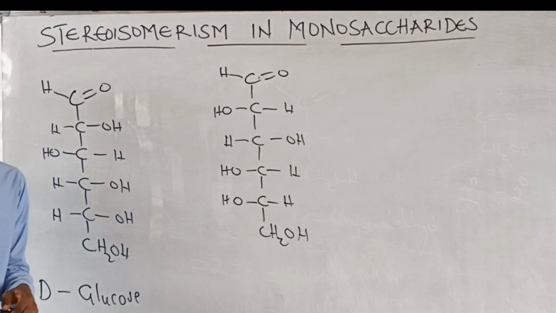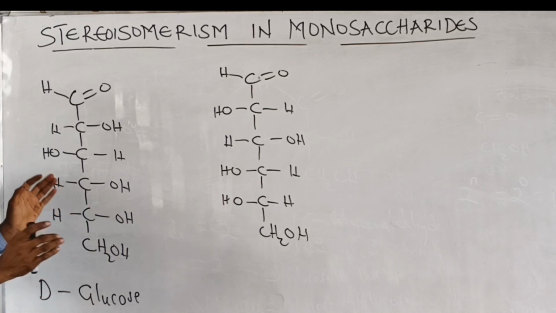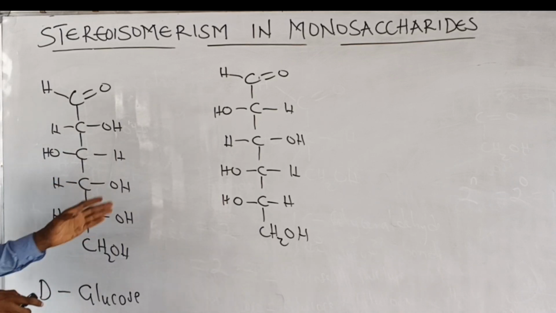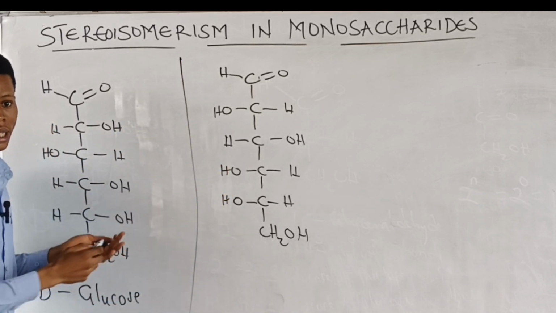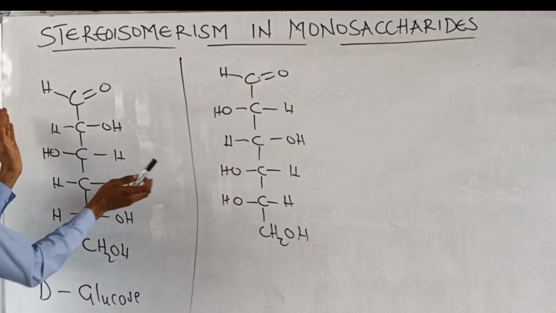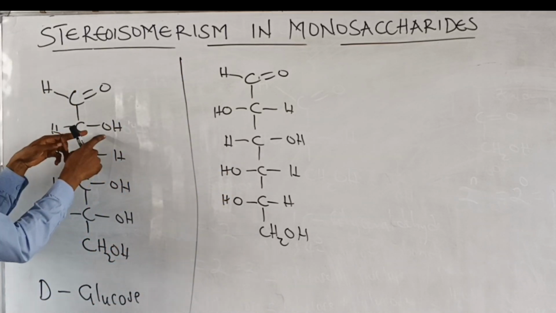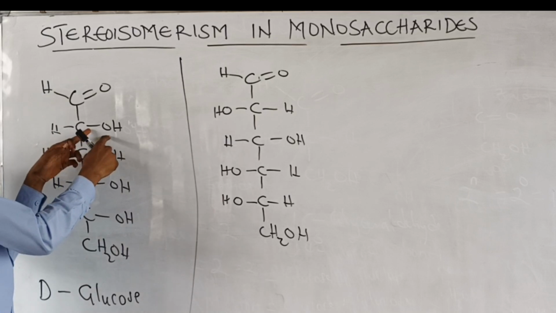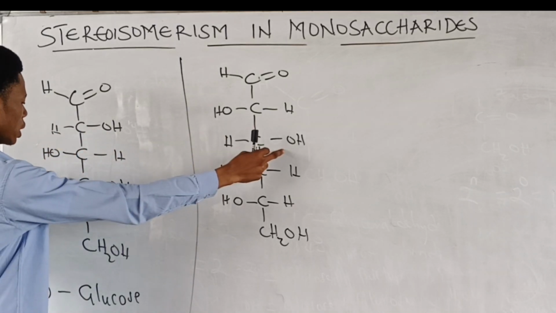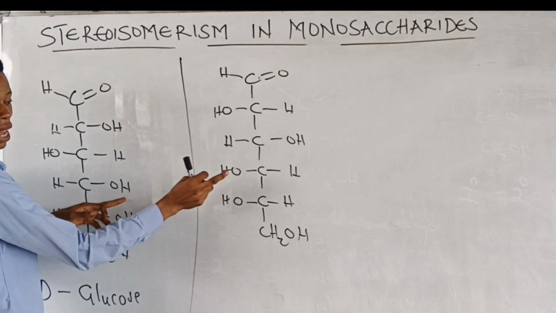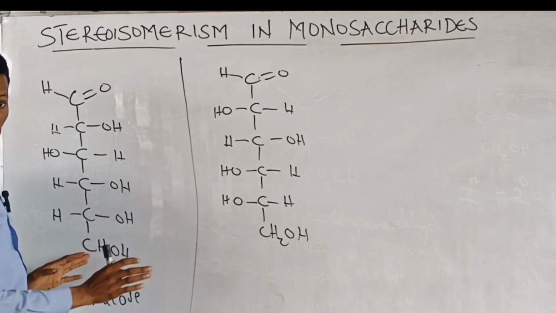Now, if I have something like this, you notice that the only thing I did here, please look up, is that this is just like a mirror image of this one, right? Because I flipped it this way. If you look at position 2 here, the OH was right, is now left. This one was left, is now right. Do you get it?